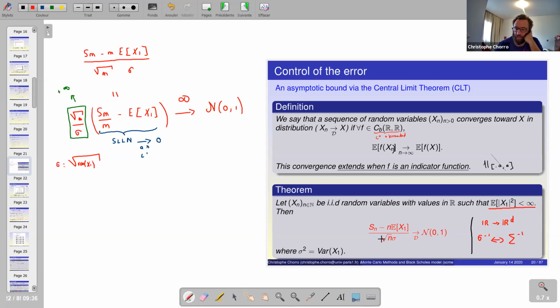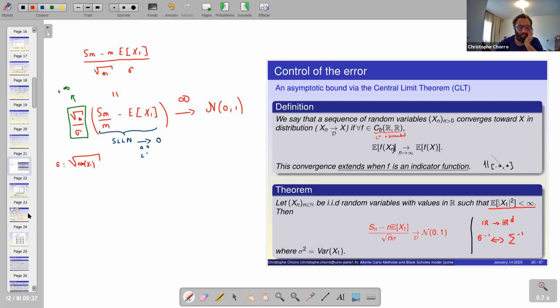And what is nice is that I don't change the square root of n when I pass from the real valued case to the vectorial one. That is, the speed of convergence in the theorem doesn't depend on the dimension of my problem, because I always have the square root of n here, which is independent of the size of the random vectors I consider in the central limit theorem.